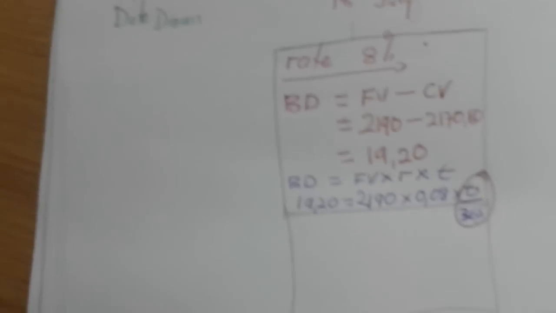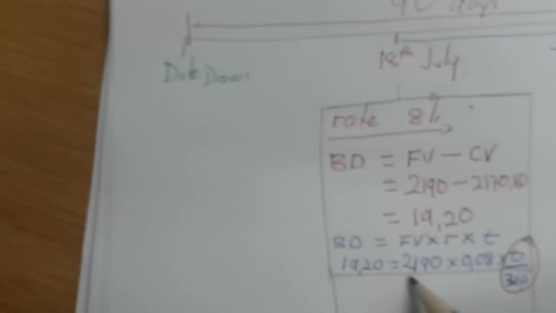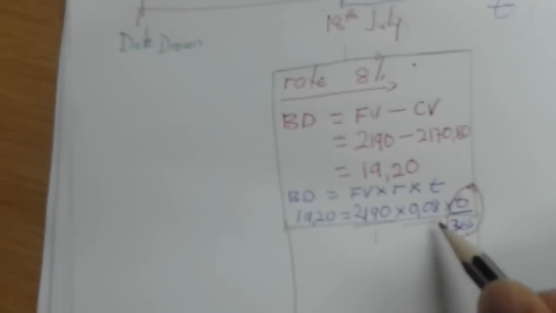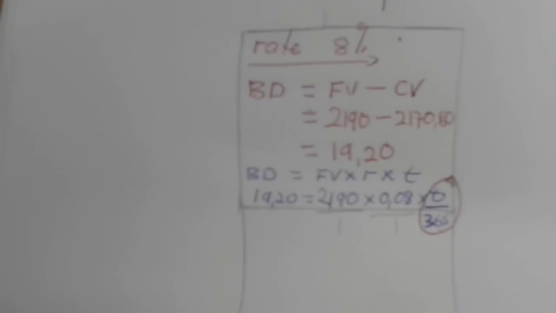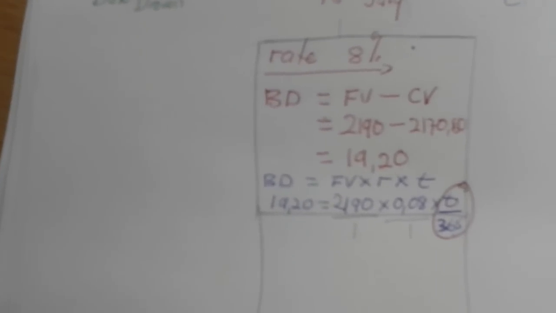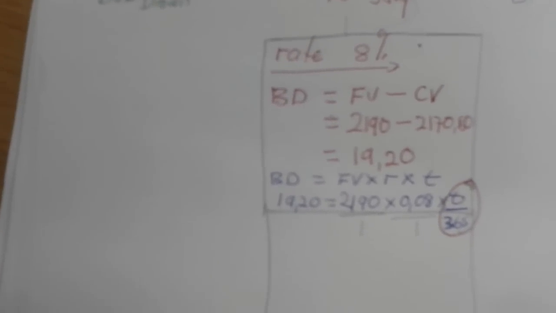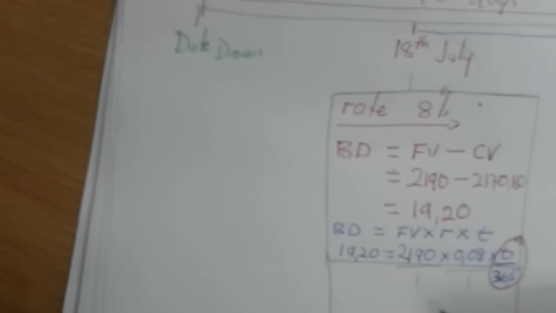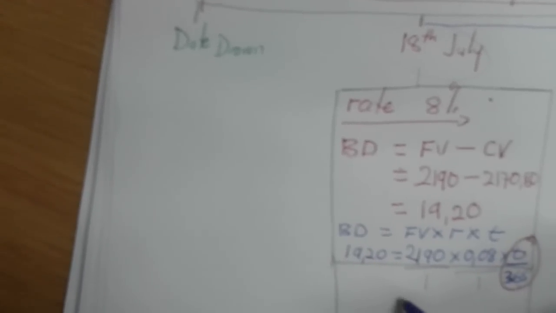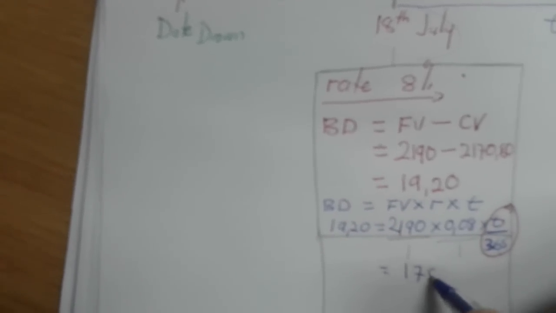Now, let's simplify this. I'm going to multiply these two. Remember, this is the same as over 1, same as over 1, right? So I'm going to multiply the numerators, which is 2,190 multiplied by 0.08, and that gives us our answer of 175.2.